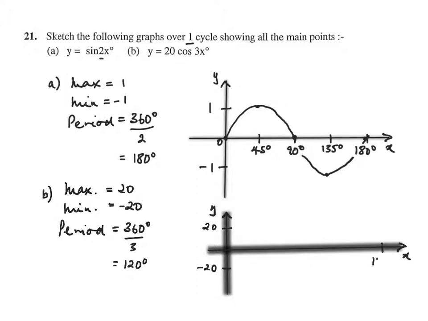I want just the one cycle, so that's 120, 60, 30, 90 degrees. Cosine starts at its maximum, goes down to 0, down to its minimum, back to 0, and to its maximum. So we have something that looks like this.